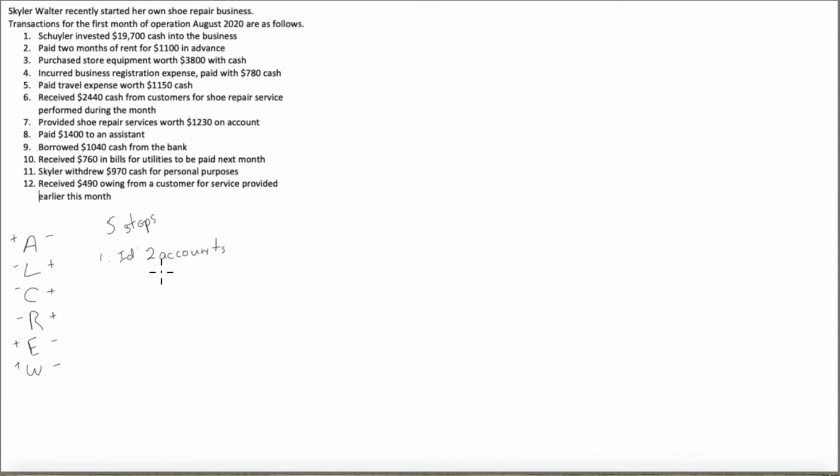So we're going to identify the 2 accounts. Step number 2, is it going up, increasing, or is it going down? Is it decreasing? Step 3, which of the ALCREW heading does it fall under? ALCREW.